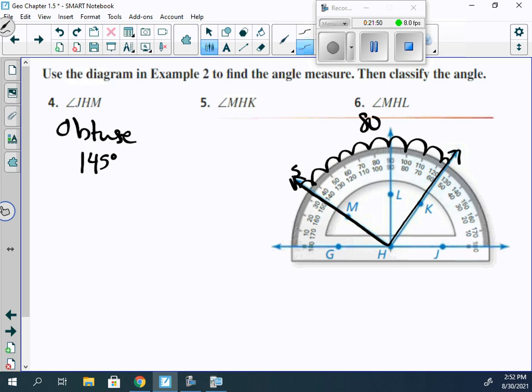We're not quite there, and that's another 5, and 5 and 80 would make 85. How did that get 145? Because this here is either sitting at the 55 or 125 marker, and this one over here is sitting at the 145 or 35 marker.